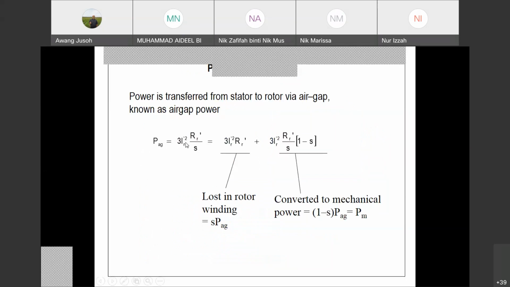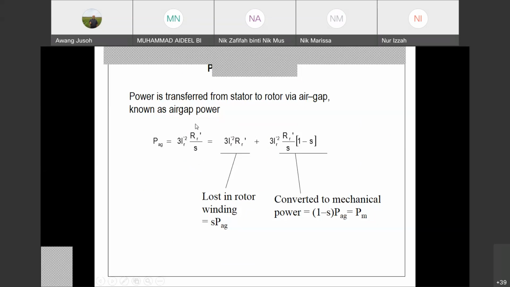If you don't multiply by 3, you get power per phase only. That doesn't add any complexity. If you multiply by 3, it means the total power for the 3-phase system. If you don't, you have single phase power only. So this is the air gap power that we transfer from stator to rotor through the air gap.